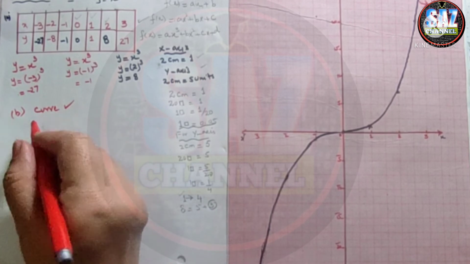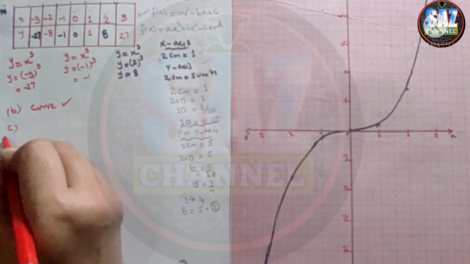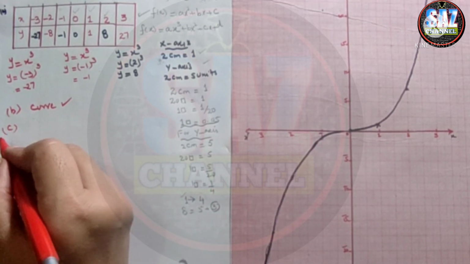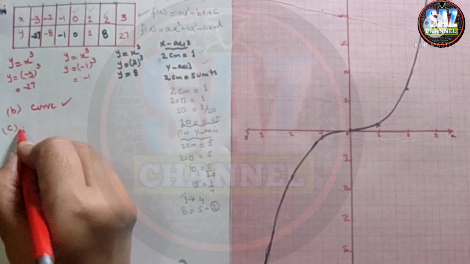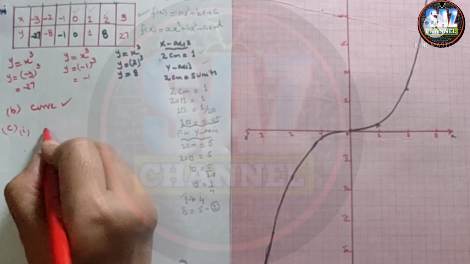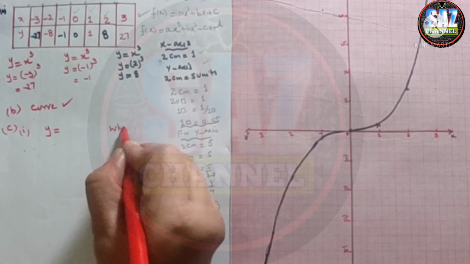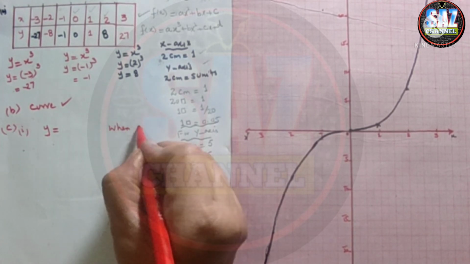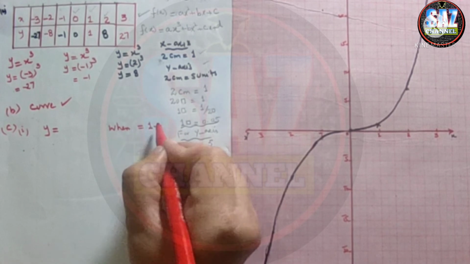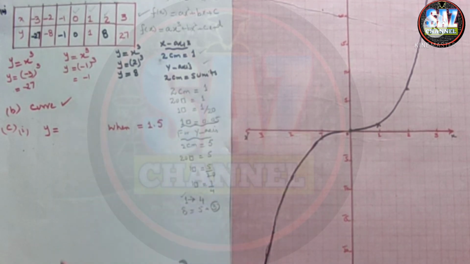It is done. And the C part is that using the graph, find the value of y when x equals 1.5. So first reach x equals 1.5.